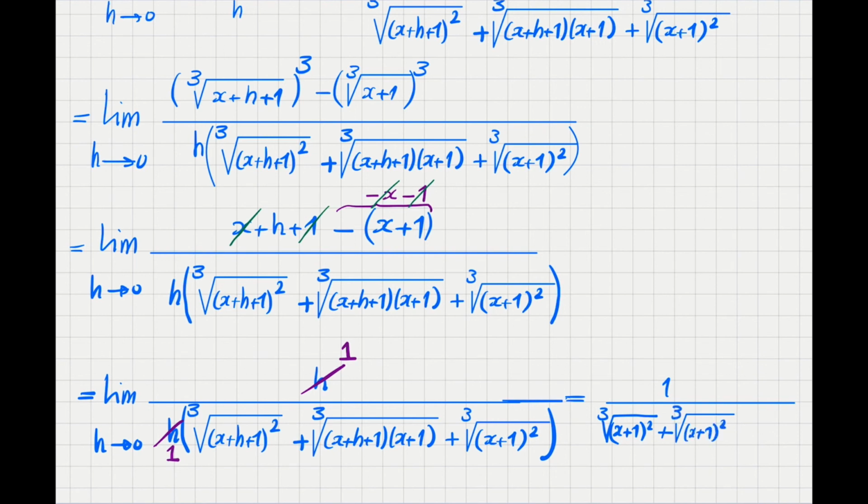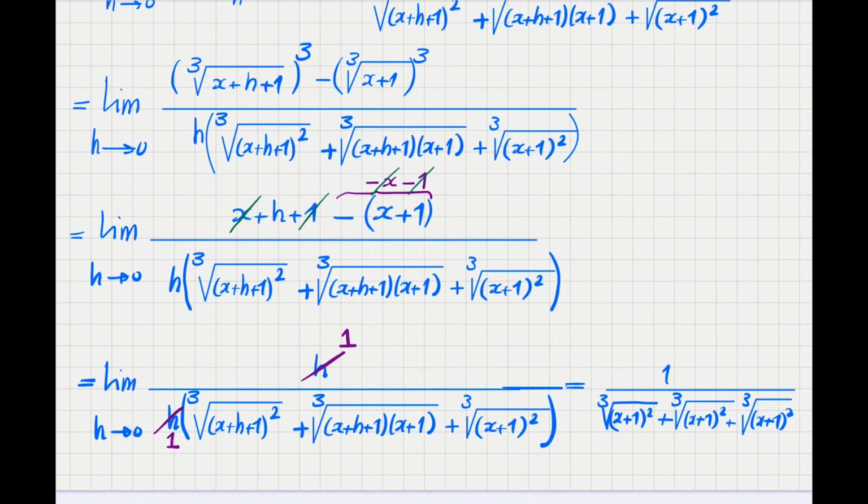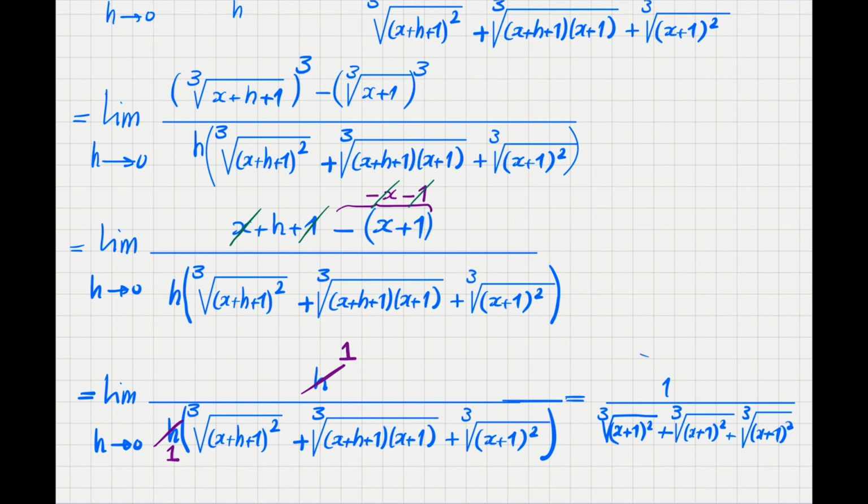And finally, the last term doesn't depend on h at all, so it becomes itself, which is exactly the same expression again. So that is also the third root of x plus 1 to the 2. But now in the denominator I have the same expression added to itself 3 times. So if I just continue, so let me write it here.